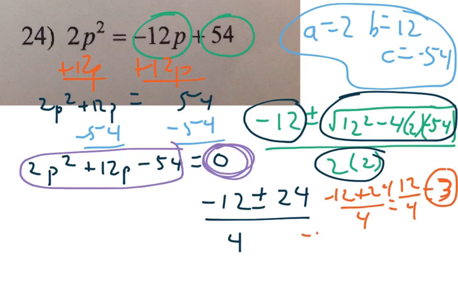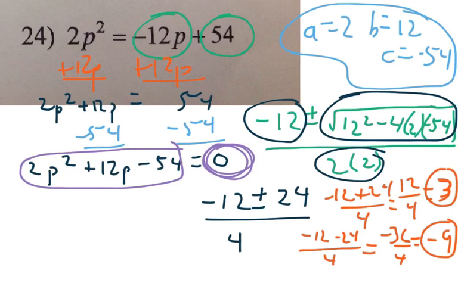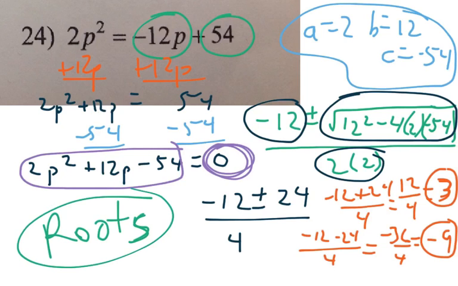And if I take negative 12 minus 24 divided by 4, well, that's negative 36 divided by 4, which equals negative 9. Negative 9. So, guys, I now know my roots of my quadratic. The solution to this quadratic is 3 and negative 9.